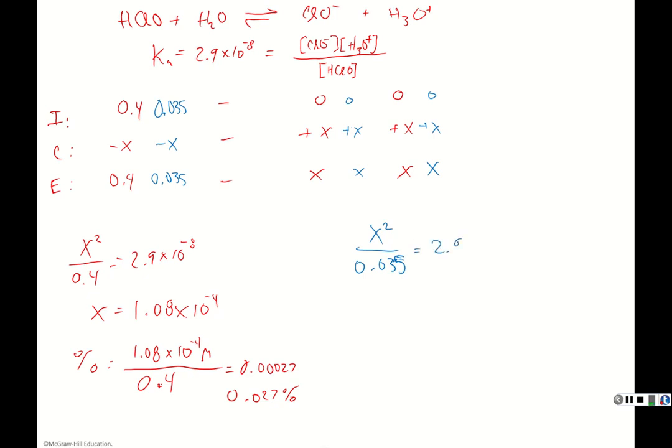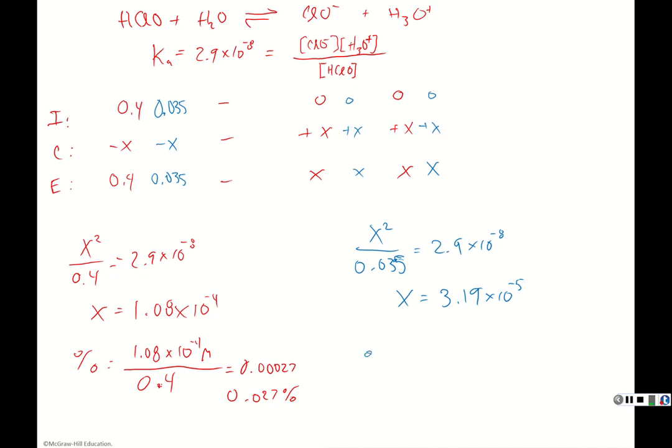And it still equals that same Ka value, 2.9 times 10 to the minus 8. When you solve for X here, you get 3.19 times 10 to the minus 5.